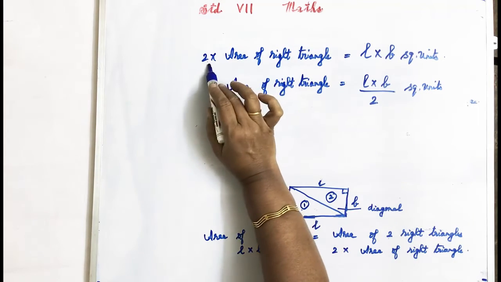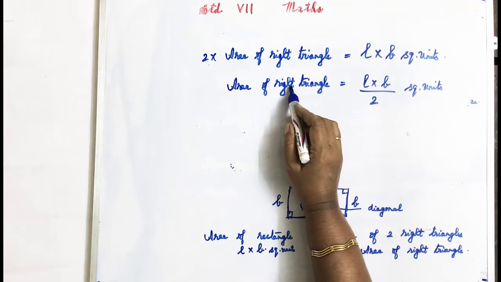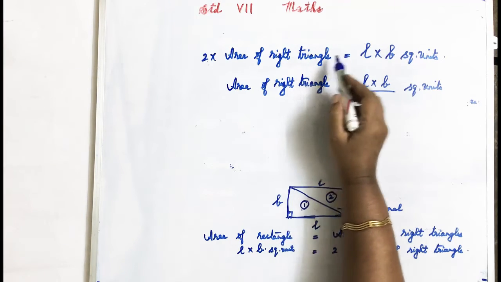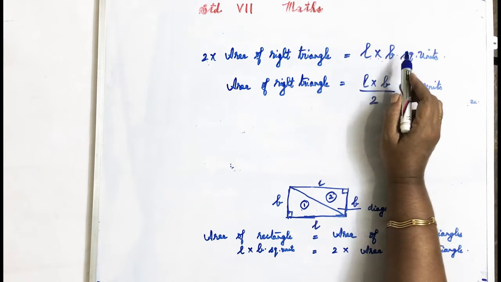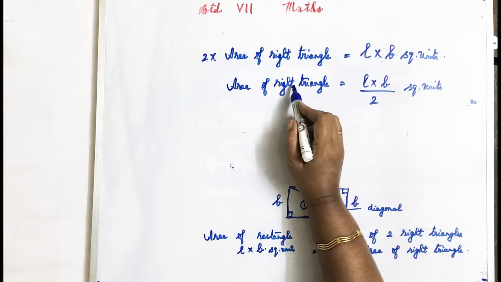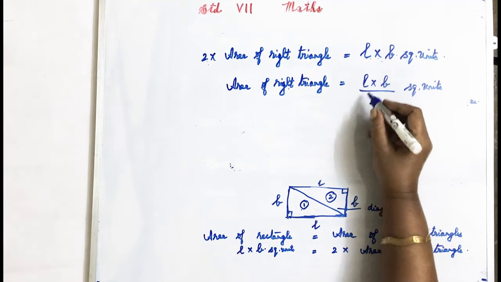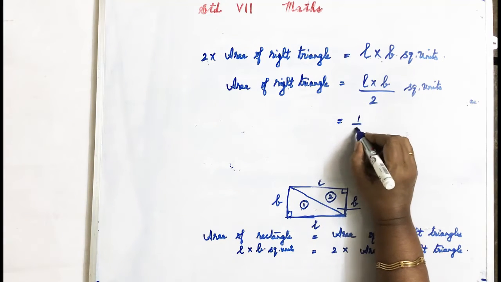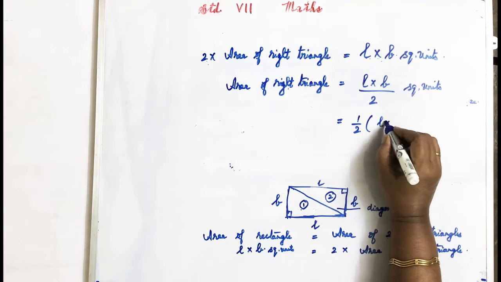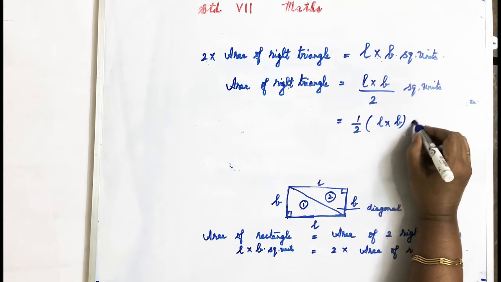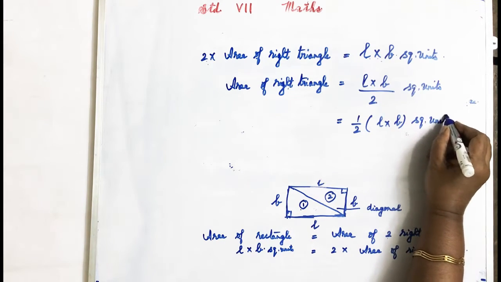Here we have two right triangles. Now to find one right triangle, that is L into B, divided by 2. So this can be written as half into L into B square units.